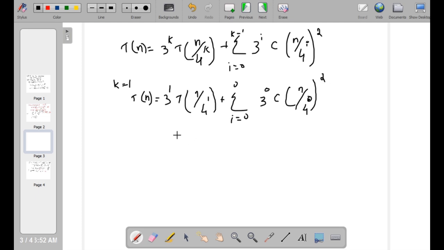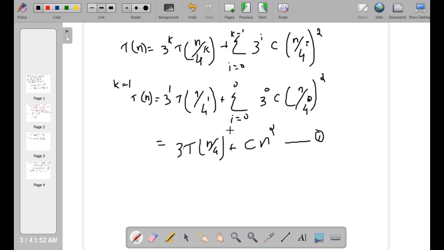So this will become 3 T of n by 4 plus, i equal to 0, 3 raised to 0 is 1, so 1 into c is c. N by 4 raised to 0 is n. So cn square. We are able to generate the first equation from the general equation.